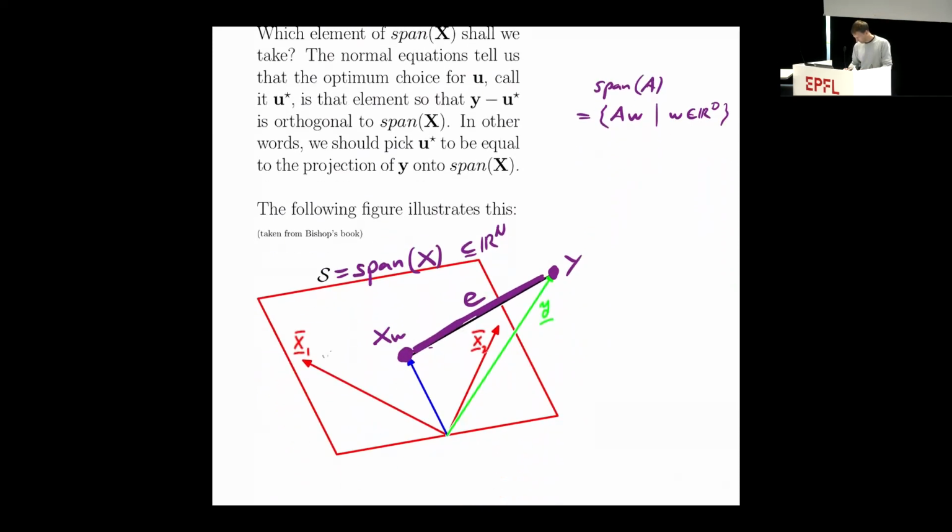Originally we wanted to minimize L. Can someone tell me what L of W is in this picture? The Y is given, the labels are given, the data is given. What we don't know is which W we should use. So do you see this quantity L of W somewhere in this picture?